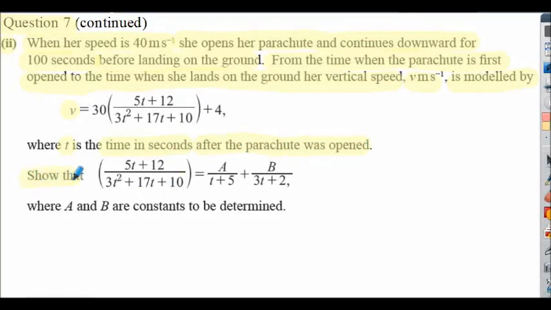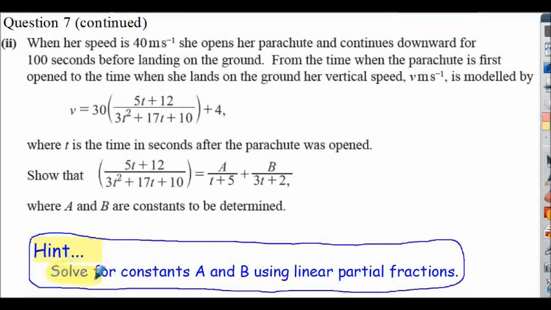We've got to show that this expression is true, noting that capital A, capital B are constants to be determined. The hint here is to solve for constants A and B using linear partial fractions.